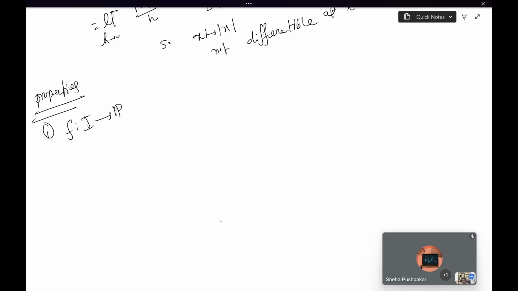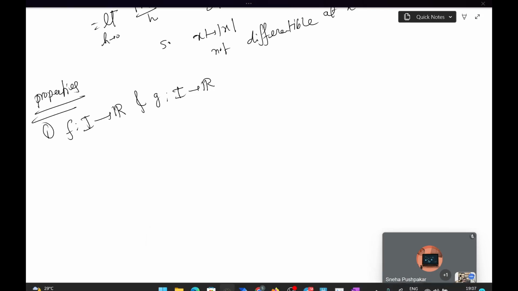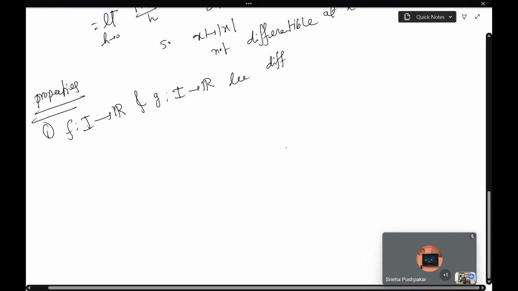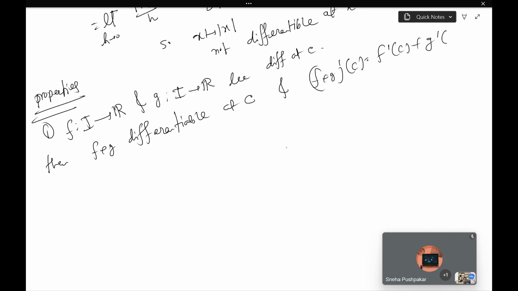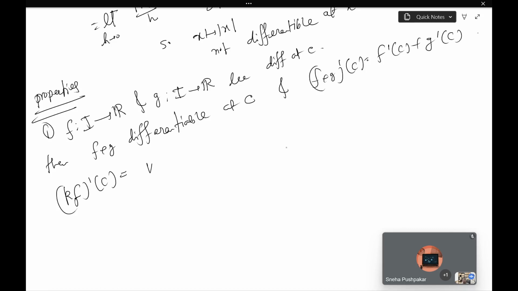If f from I to R and g from I to R are differentiable at c, then f plus g is differentiable at c, and its derivative is f dash c plus g dash c. Also k f is differentiable with derivative k f prime c.